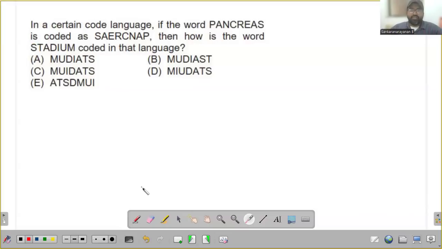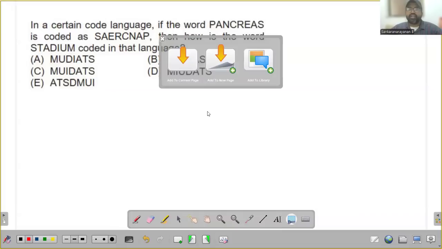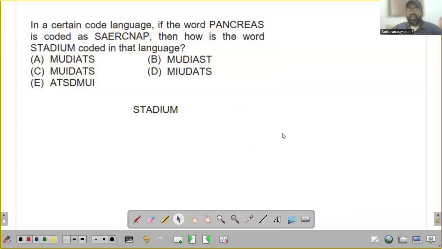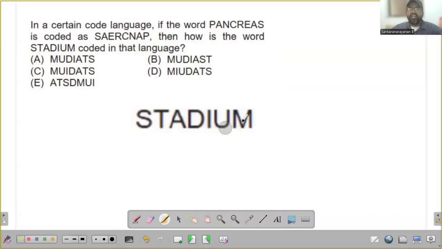Here lies one small technique which I shall tell you, the option elimination strategy which you can consider for answering our questions. Definitely, I know that it should start with M. So I can eliminate option E. After M, it should be U. So this helps me to eliminate option D. And this thought process should happen fast.